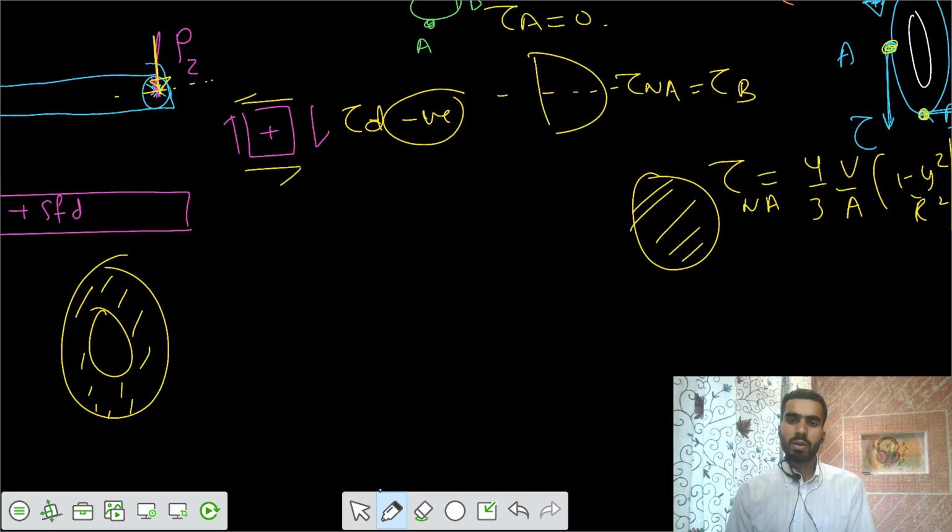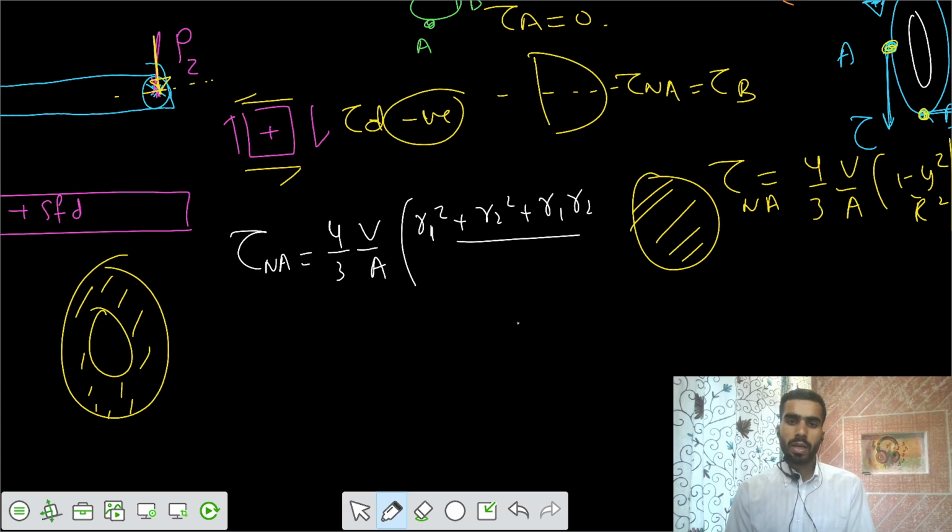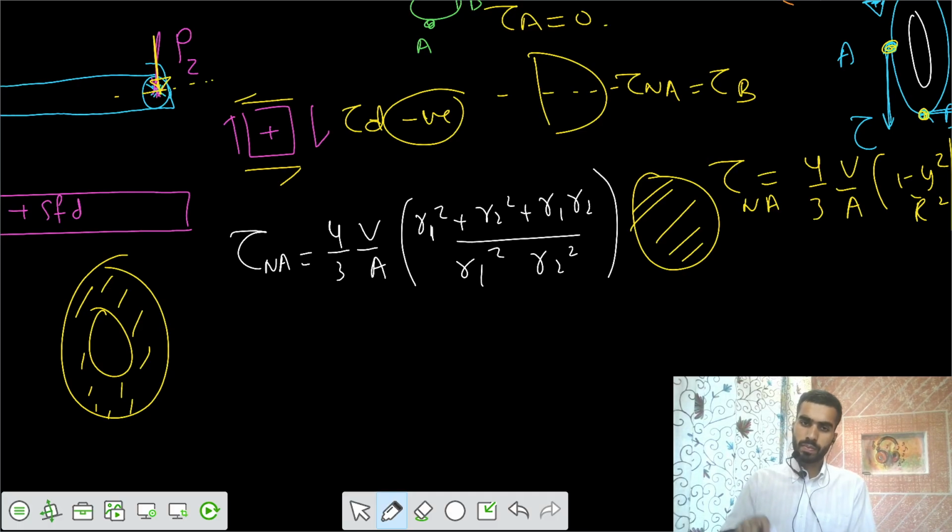But if the section is hollow, we have one equation: tau at neutral axis equals 4 by 3 V by A, then r1 square plus r2 square plus r1 r2 divided by r1 square plus r2 square. It should be plus. So we have this equation.